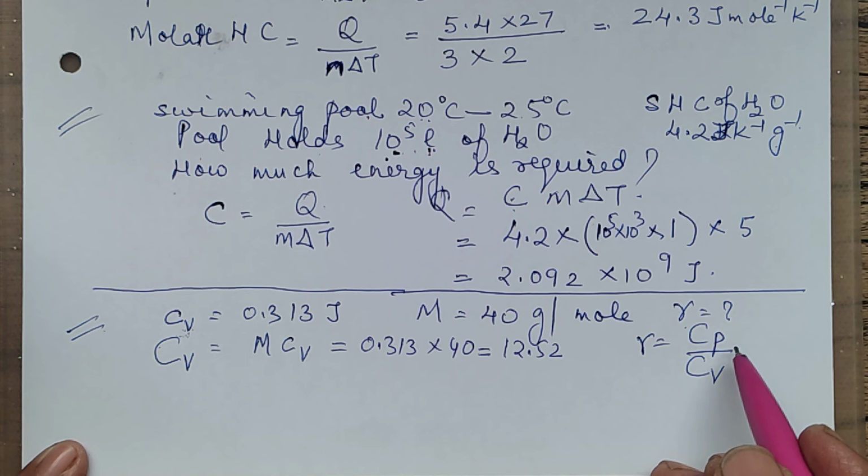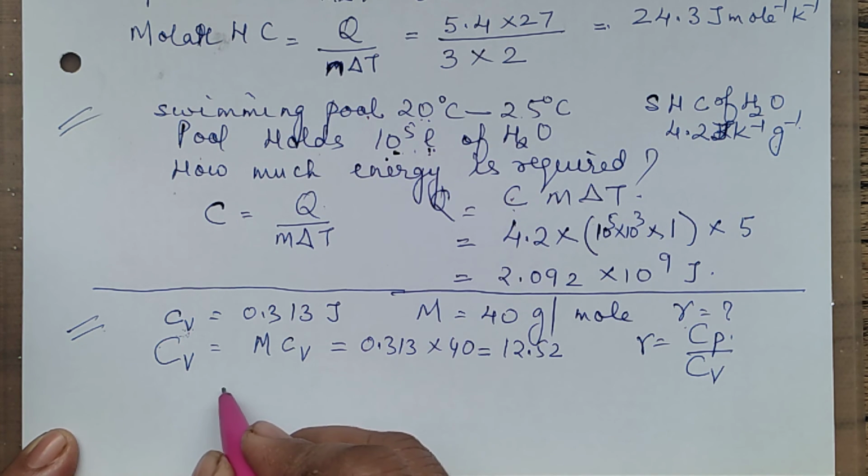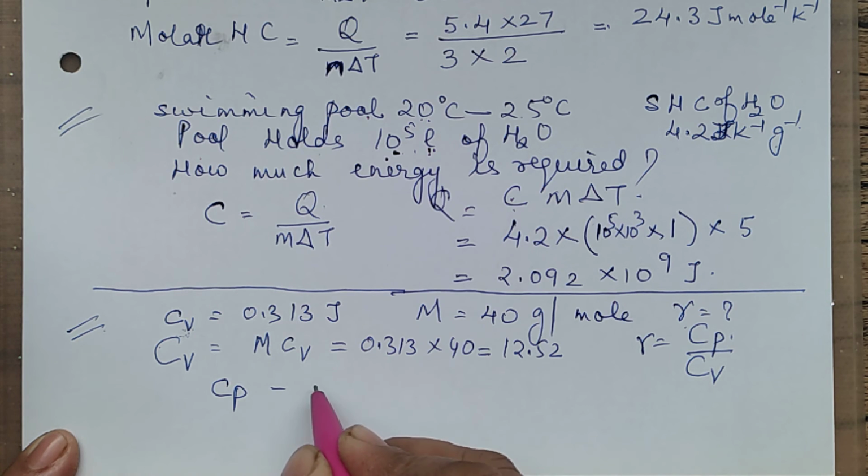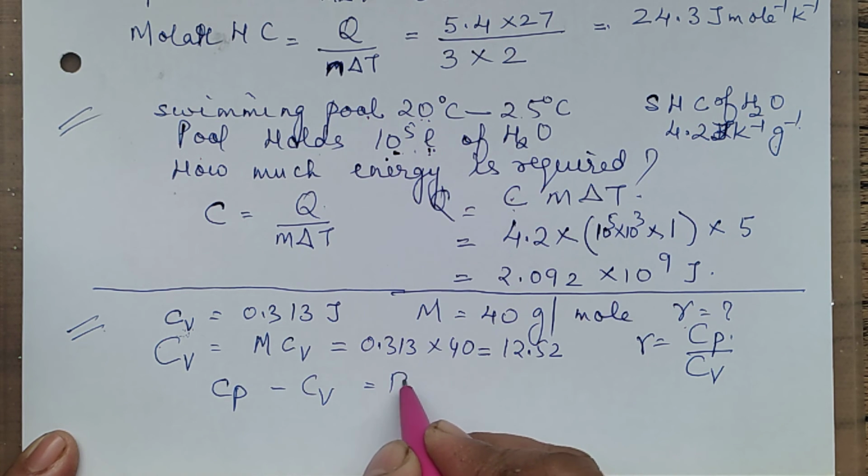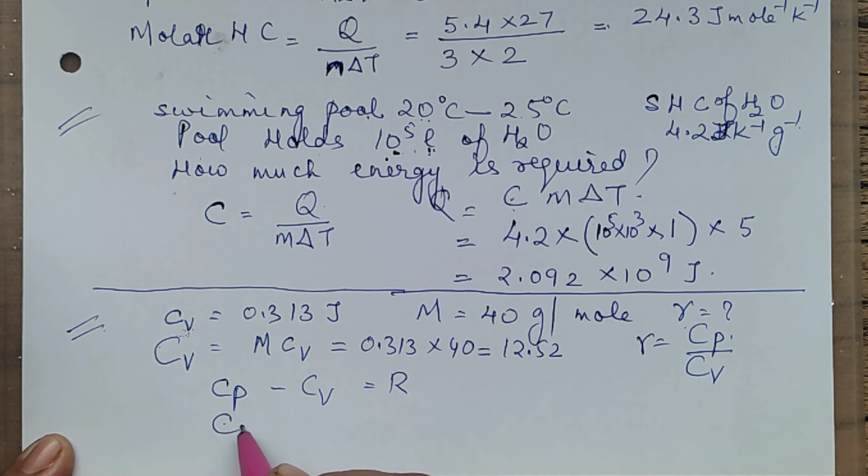Now the next problem left with us is to calculate this Cp. So Cp minus Cv is equal to R. We have to use this formula to calculate Cp. So Cp is equal to Cv plus R. You can put the value 12.52 plus.